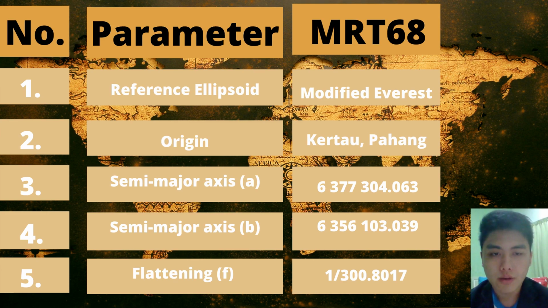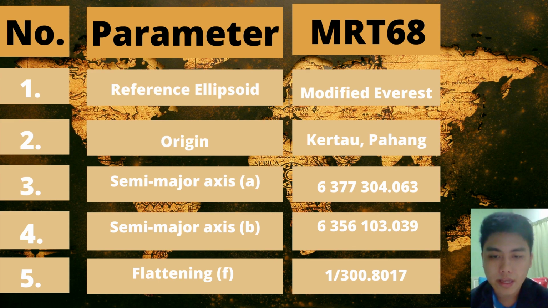The slide I'm showing now is the reference spheroid for MRT-68. MRT-68 has the reference spheroid modified Everest, the same one as MRT-48. The origin of MRT-68 still remains the same, and that is Kertau in Pahang.